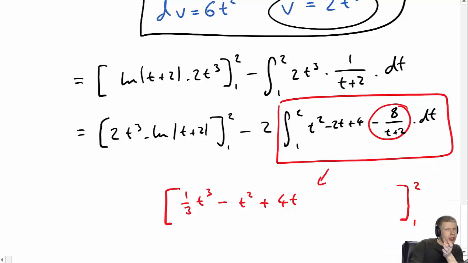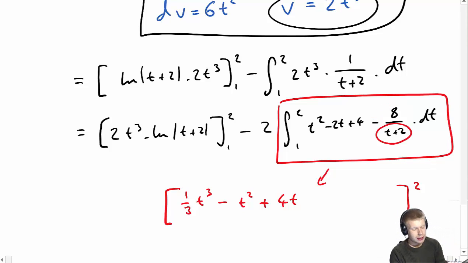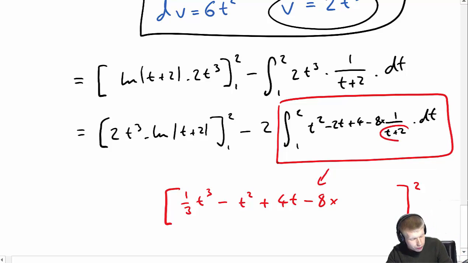Well, you should be pretty good at recognizing these things by now, because look, I've got a function on the denominator, and I've got something to do with that function on the numerator, even if you can't see it yet. If I write that as minus 8 times 1 over t plus 2, then what is the derivative of t plus 2?